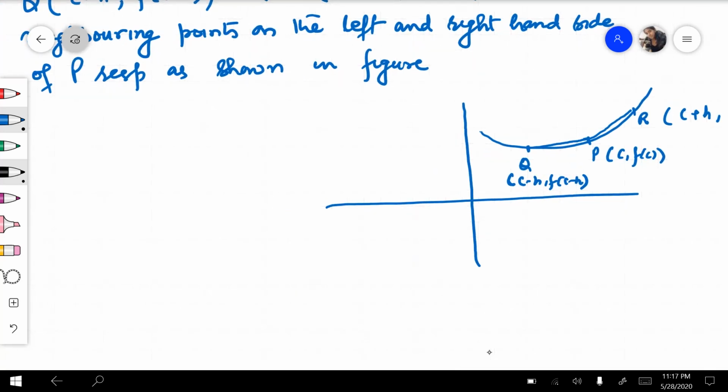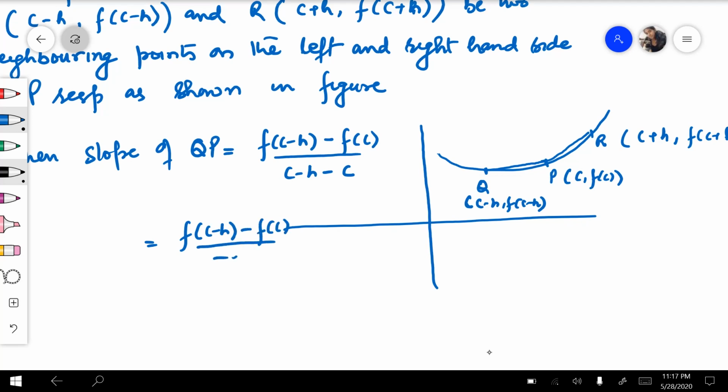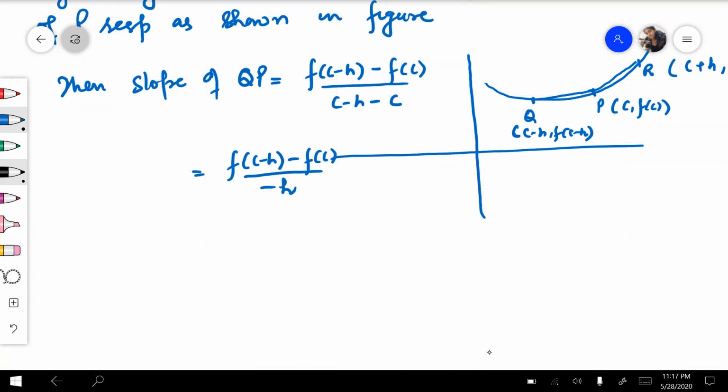Then the slope of QP will be equal to (f(c minus h) minus f(c)) upon (c minus h minus c), which equals (f(c minus h) minus f(c)) upon minus h. As Q moves nearer to P, h will tend towards 0.